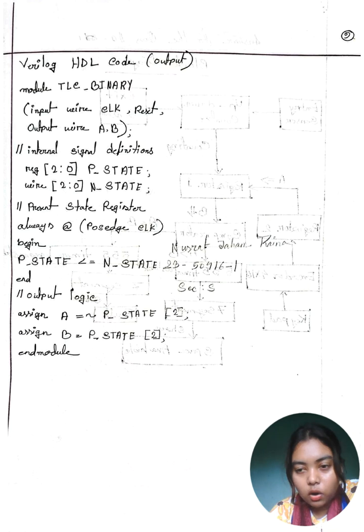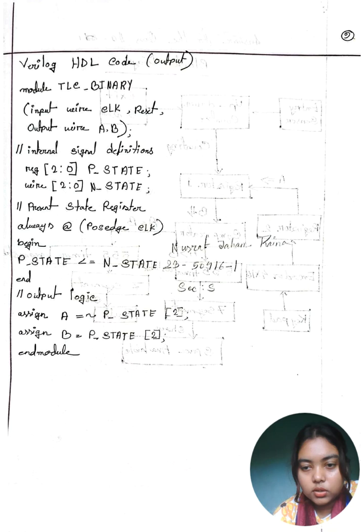It has inputs clock and reset and outputs A and B. Internal signals PS state, present state, and N state, next state, are defined as 3-bit registers, and an always block is used to update the PS state register with the N state value on the positive edge of the clock. This is typical behavior for the state register in a synchronous state machine.